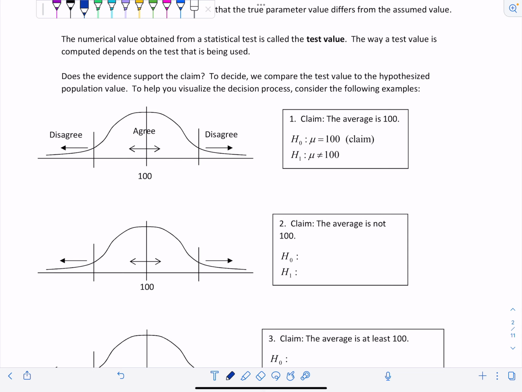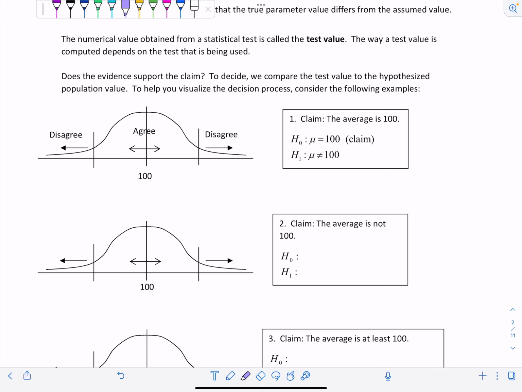So like I said earlier, I got my sample mean at 26. We said we hypothesized it was 22. So we're going to compare them. To help you visualize the decision process, I want you guys to look at the following examples. So here's the claim. The average is 100. Average whatever, okay? We're not making it very specific. So we're claiming the average is 100.